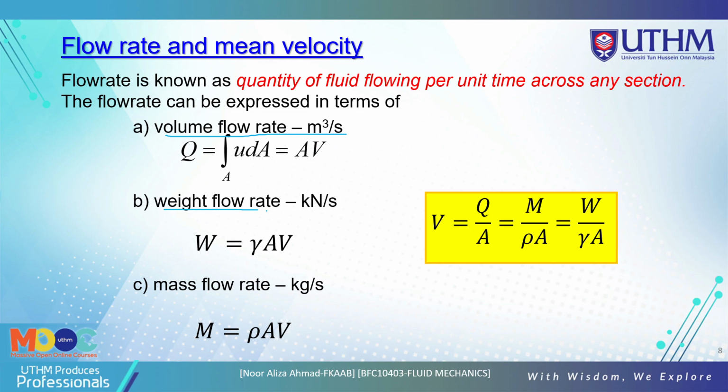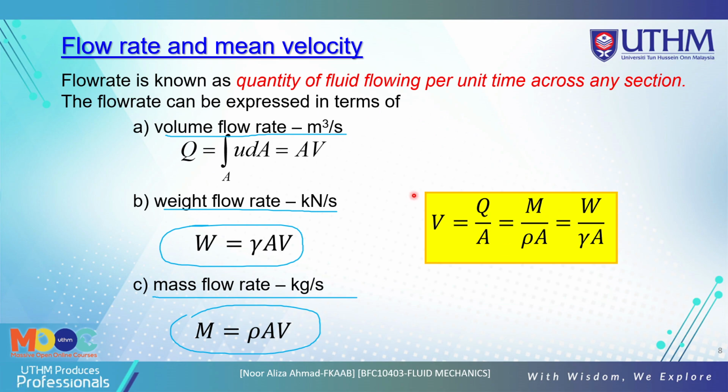With the weight flow rate, the unit is kilonewton per second, so we get the formula W is equal to specific weight times area times velocity. Okay, and for the mass flow rate with the unit of kg per second, we get the formula M, mass flow rate, is equal to density times area times velocity.